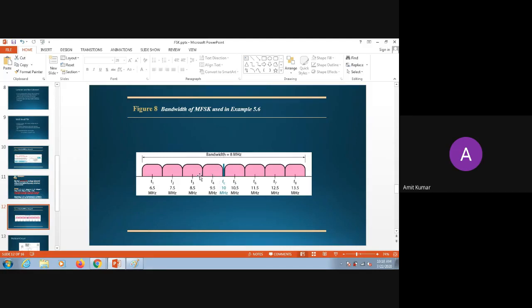So the total bandwidth requirement will be 13.5 minus 6.5. It will start from 6 and go up to 14. So the total bandwidth required is 14 minus 6, which is 8 megahertz.